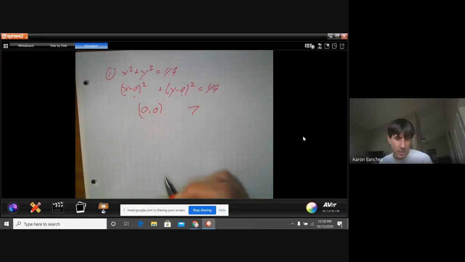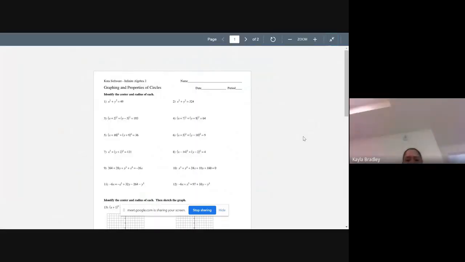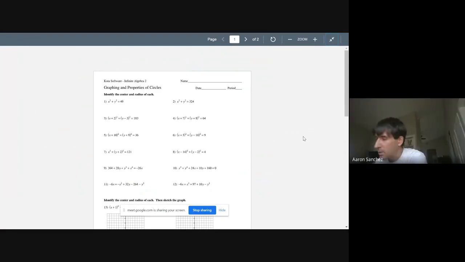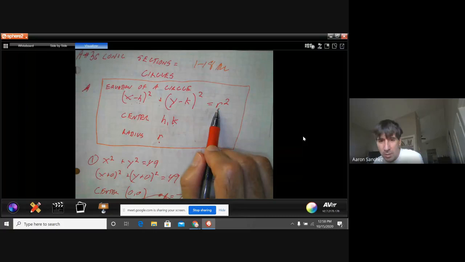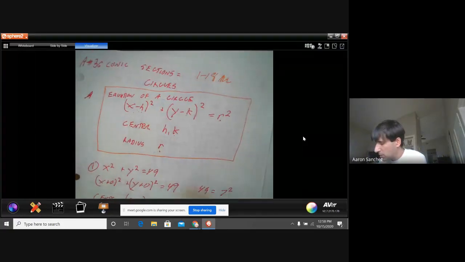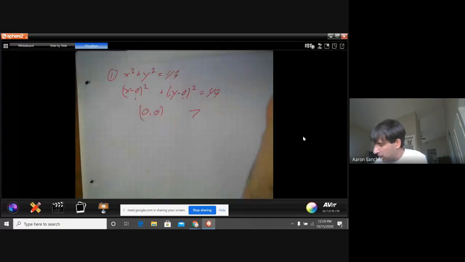Let's do another one. Are there any questions on that? The right side is r squared. So if I was to see this here, x minus h squared plus y minus k squared is r squared, it's not in that form.